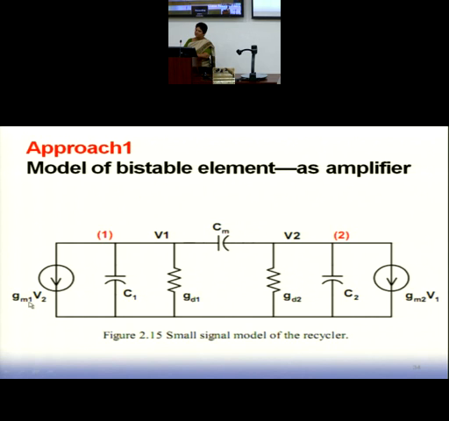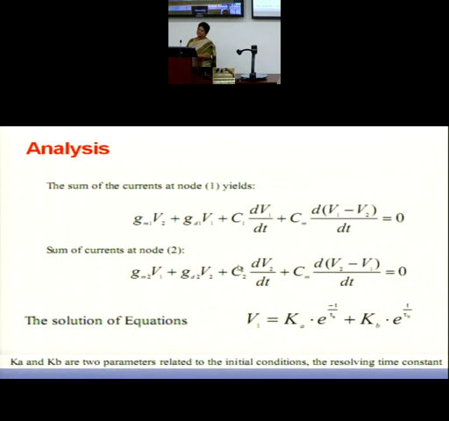The output of the second is the input of the first, and accordingly this model has been developed. GD is 1/RO, C1 is the net capacitance, and the GM1 VGS component is known. So we have developed a complete small signal model of this regenerative circuit, and then we write its KCL equations.